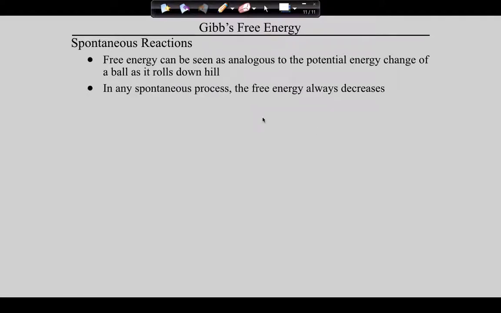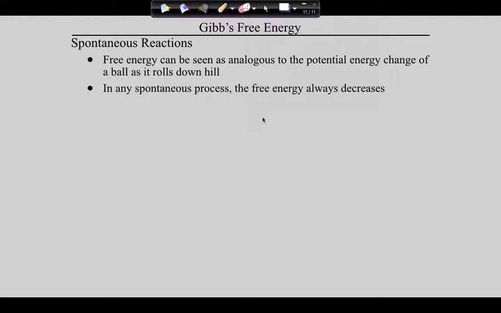Well, this is it. You can think about Gibbs free energy just like the potential energy of a ball rolling downhill. All spontaneous processes lose free energy. It's the second bullet point up there.